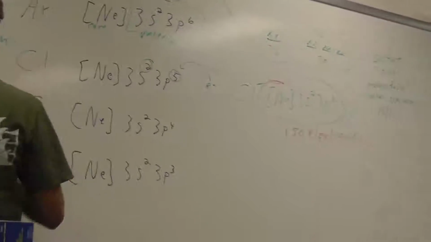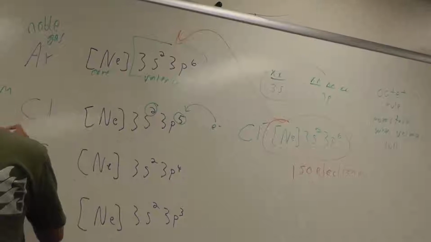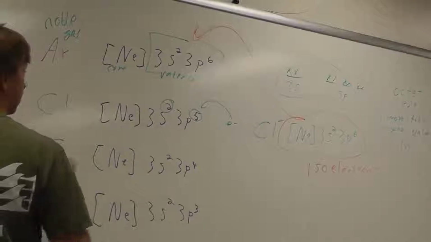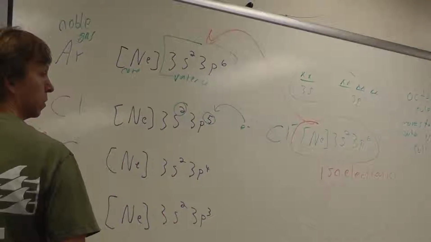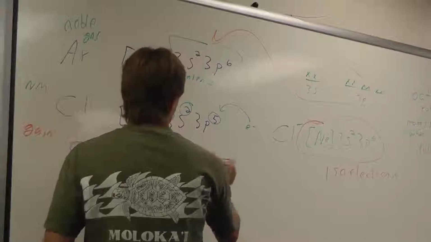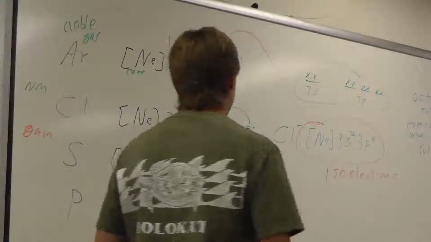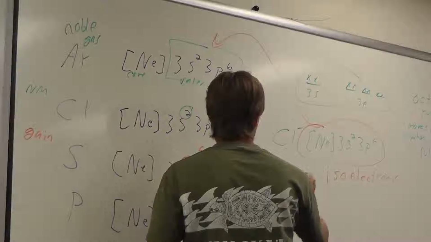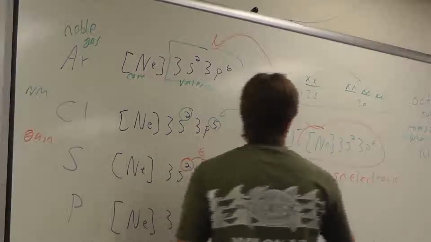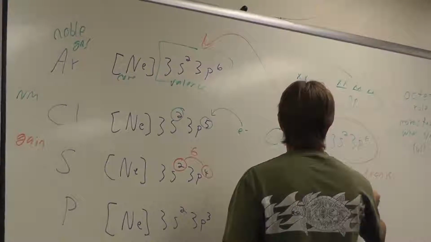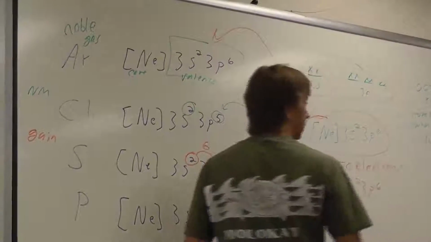Sulfur is also a nonmetal, and so its tendency is to gain electrons. But how many is it going to gain to become stable? Apparently 2, right? Because 2 would give it the octet. And so sulfur always forms a -2, to give you this configuration.